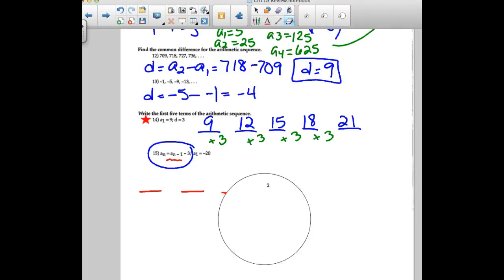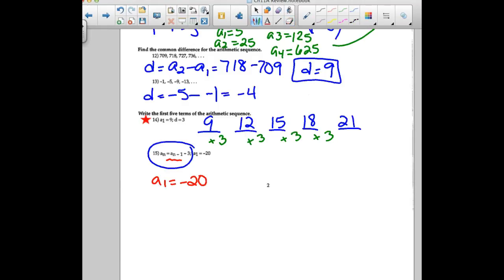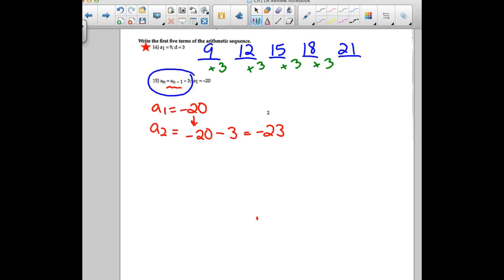I think I'll write it out a different way for this one. First term is negative 20. Second term says to take the previous answer, negative 20, subtract 3 from it, which gives us negative 23. Then we're going to take the previous number, negative 23.